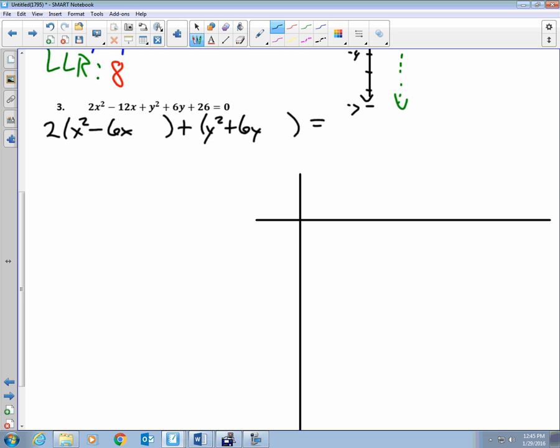You'll see. The reason why you can is because 2 times x squared, there it is. 2 times negative 6x, there it is. Y squared. Because this is just a distribution, a multiplication, it's not going to distribute to there. Okay. All right, what do you add to complete the square? 9. What's the real value of that 9?